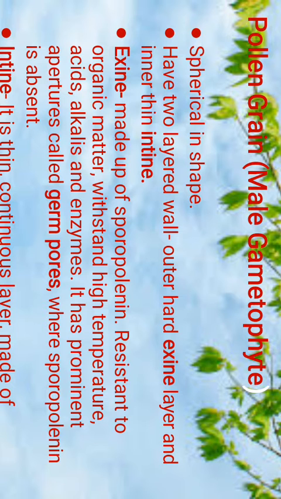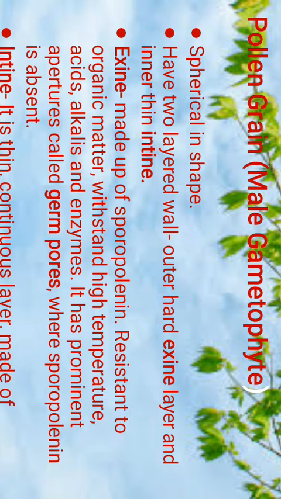Exine layer is made up of a special type of chemical called sporopollenin. It is resistant to acid, alkali, any type of temperature and enzymes.